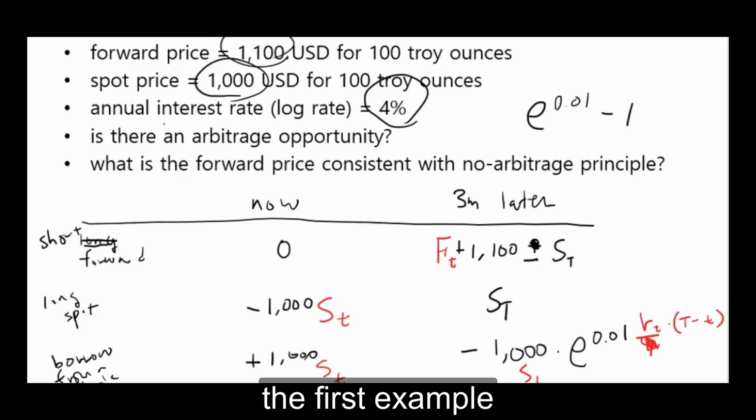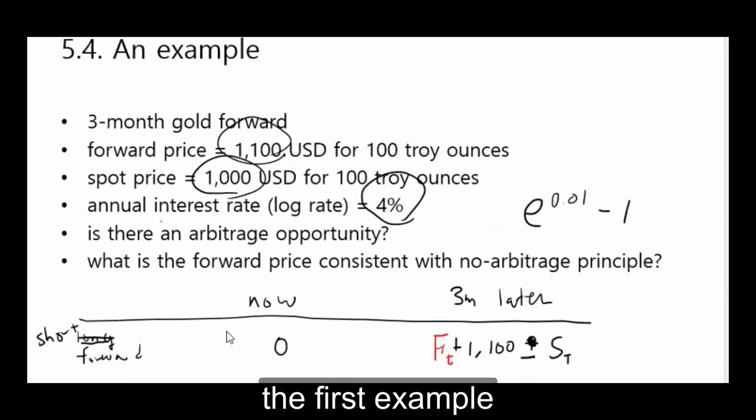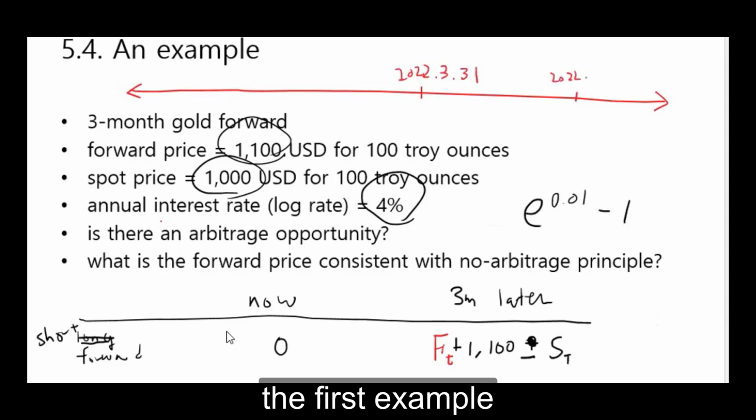Here, we are going to convert dates into numbers. So today is 2022 March 31st. 3 months later, it's going to be 2022 June 30th.